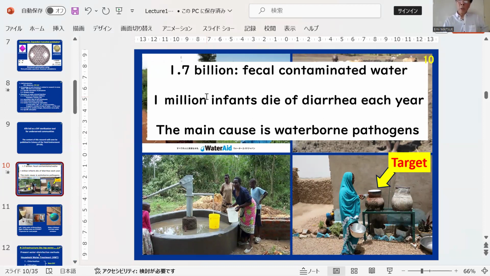The WHO data said 0.5 million, but another organization reported 1.5 million each year. Then I wrote here 1 million.